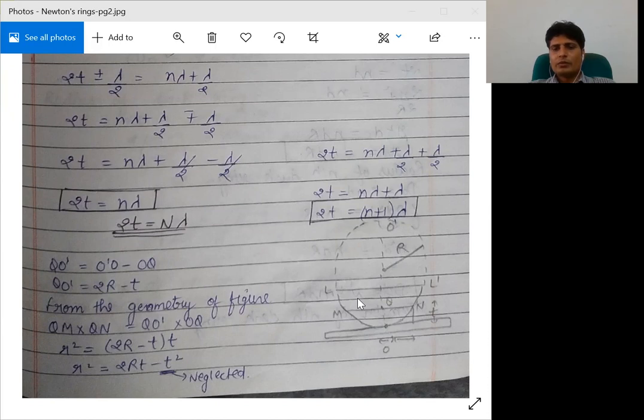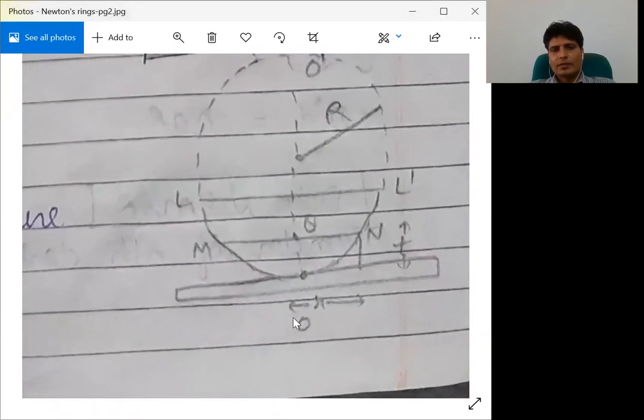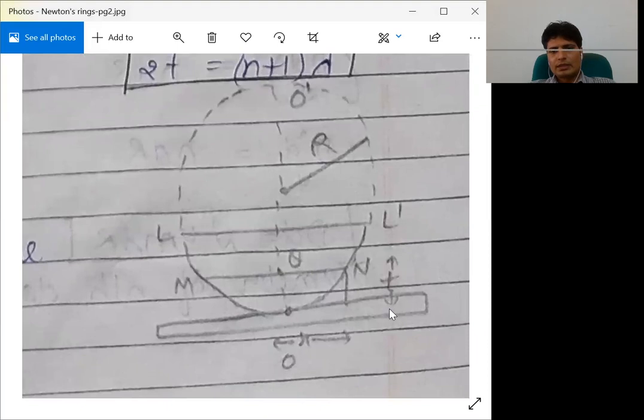We complete the hollow sphere from which this piece of plano convex lens is cut. Here you can see this is the plain glass plate which is put under the plano convex lens. The wedge-shaped air film is formed somewhere over here, and this is the plano convex lens.